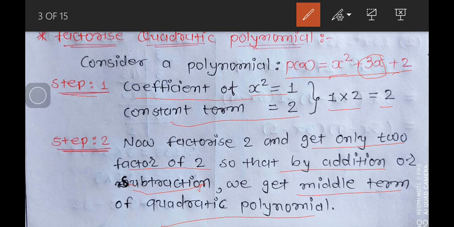We also note that if the value of the multiplication of the coefficient of x square and the constant term is positive, then we do addition of the factors of 2, and if we get this value as negative 2, then we do subtraction of the factors of 2. So here we get 2 as positive, so now we do addition of the given factors of 2.